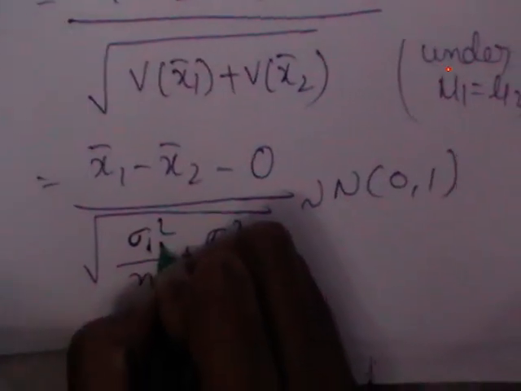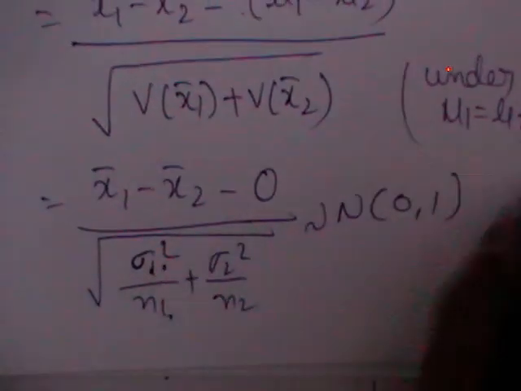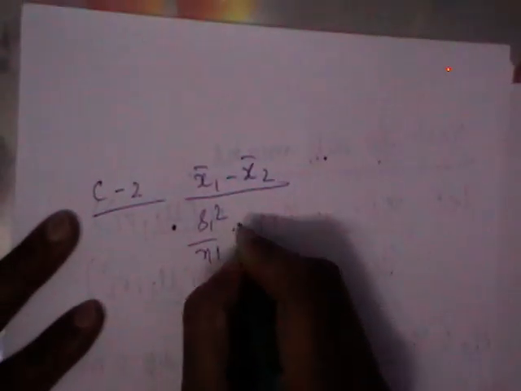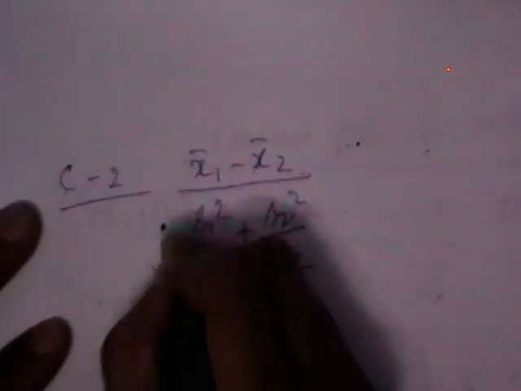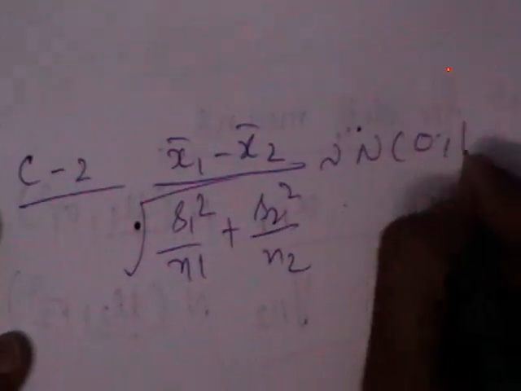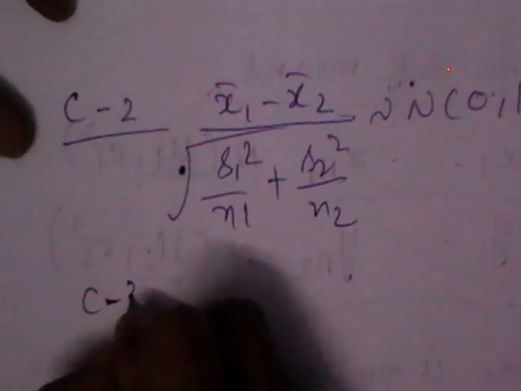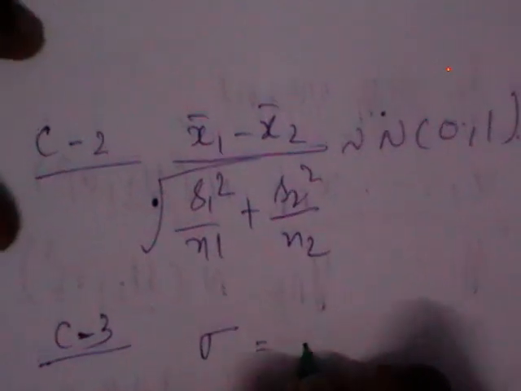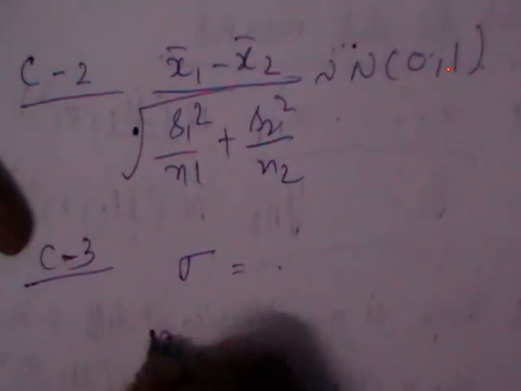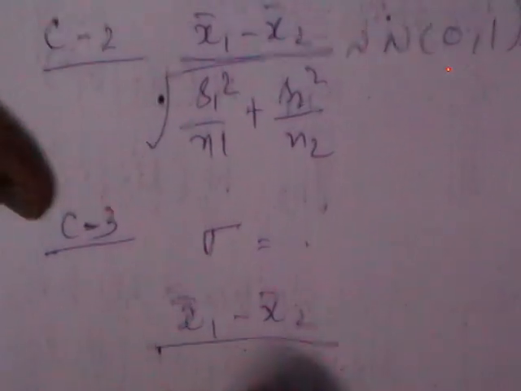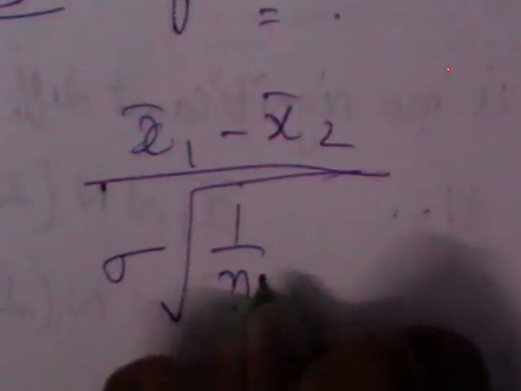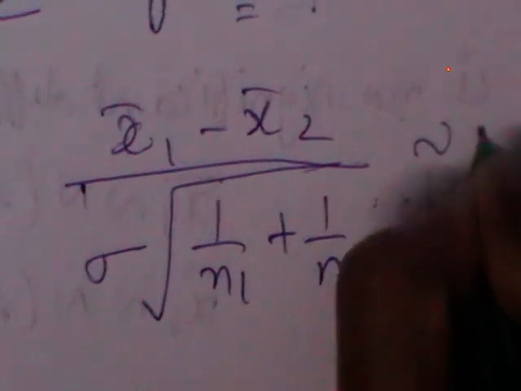When sigma 1 square and sigma 2 square are unknown but the samples are drawn from populations with a common variance, you are going to write x1 bar minus x2 bar by sigma root over 1 by n1 plus 1 by n2 follows N(0,1).